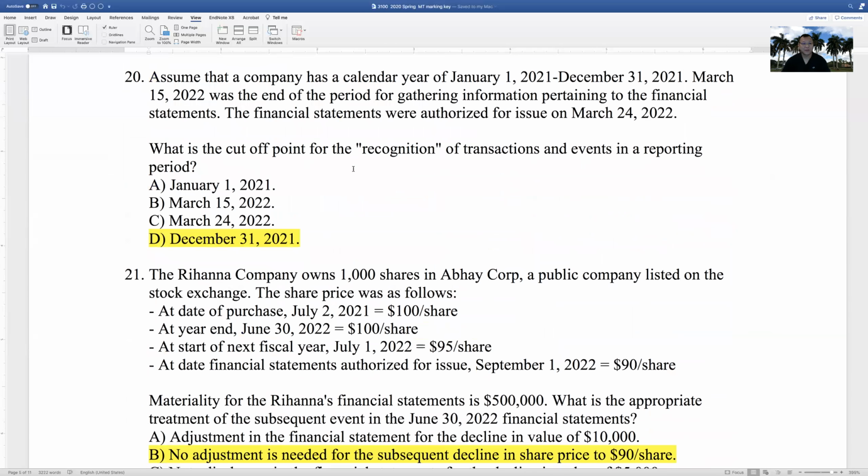Question 20, assume that a company has a calendar year of January 1st, 2021 to December 31st, 2021. March 15th, 2022 was the end of the period for gathering information pertaining to financial statements. The financial statements were authorized for issue on March 24th, 2022, okay?